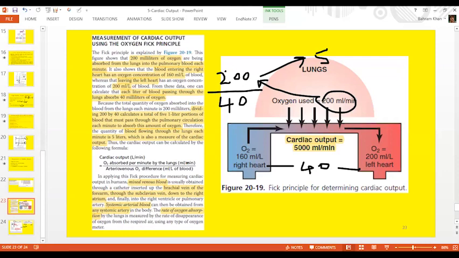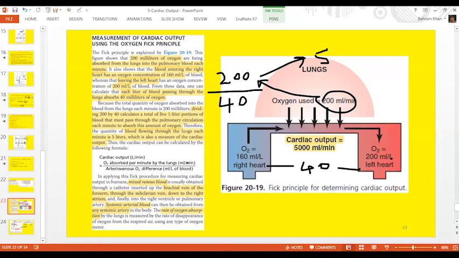So 200 milliliters of oxygen is absorbed by the lungs into the pulmonary circulation, right? So you will divide this 200 by the arteriovenous difference at both sides of the heart. The oxygen concentration in the right side is 160. The oxygen concentration leaving the left side is 200.